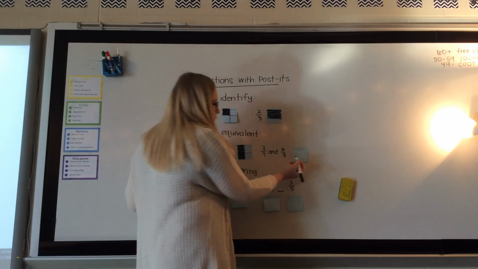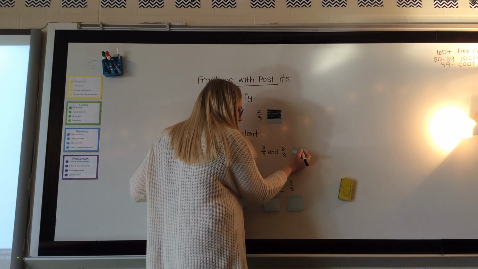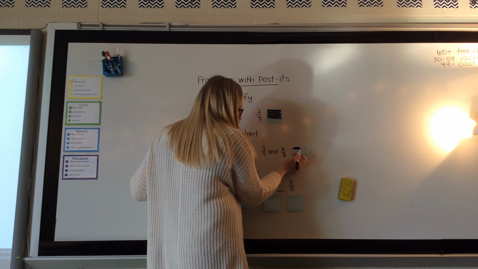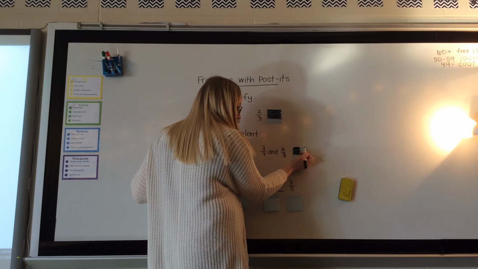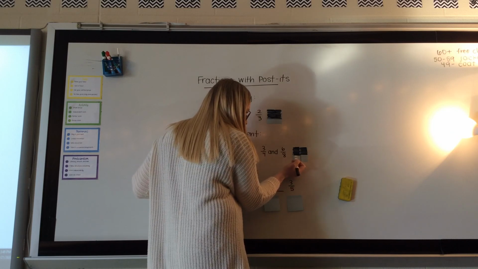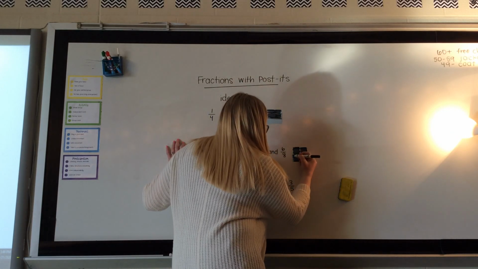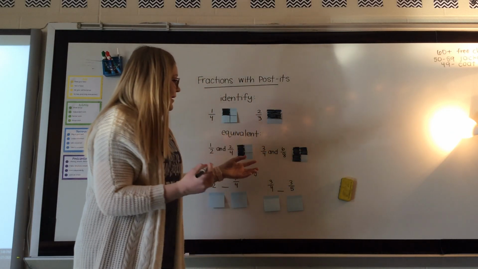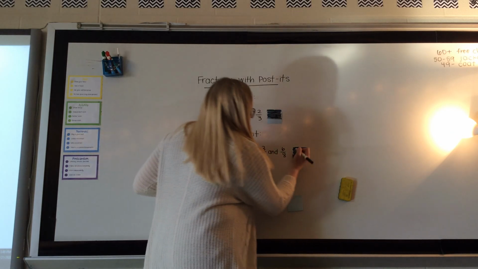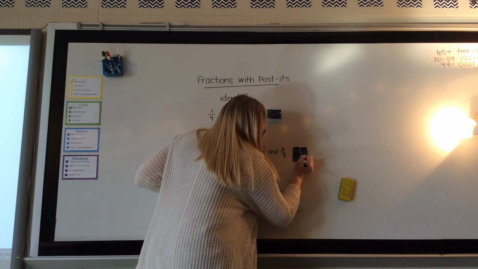Over here with 3/4, I could do the same thing. I could start with my 4 parts and shade in 3 of them because of my numerator. Now I can switch it to 8 pieces instead of 4, so I could separate here and separate here.